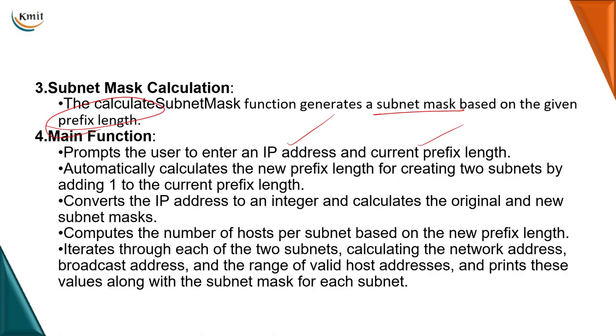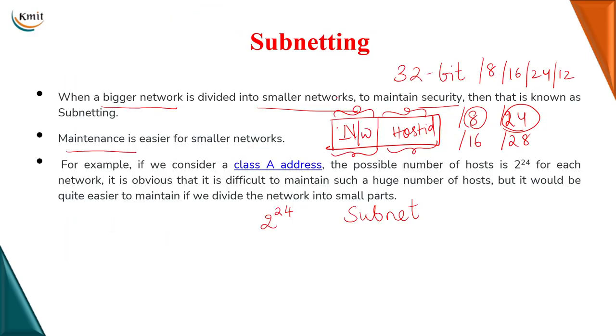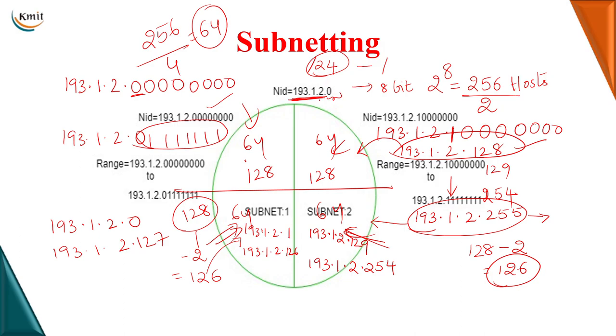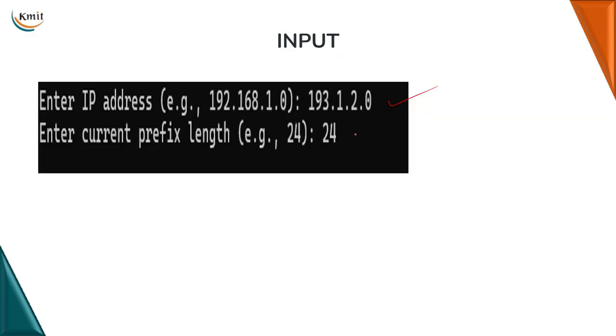After writing the code for this, I will show you the execution where I am entering the input IP address, for example, the same one which I have shown you in the example just now, just to know whether we have done it correctly or not. 193.1.2.0, same address I gave as input, and I gave the same prefix, that is /24.